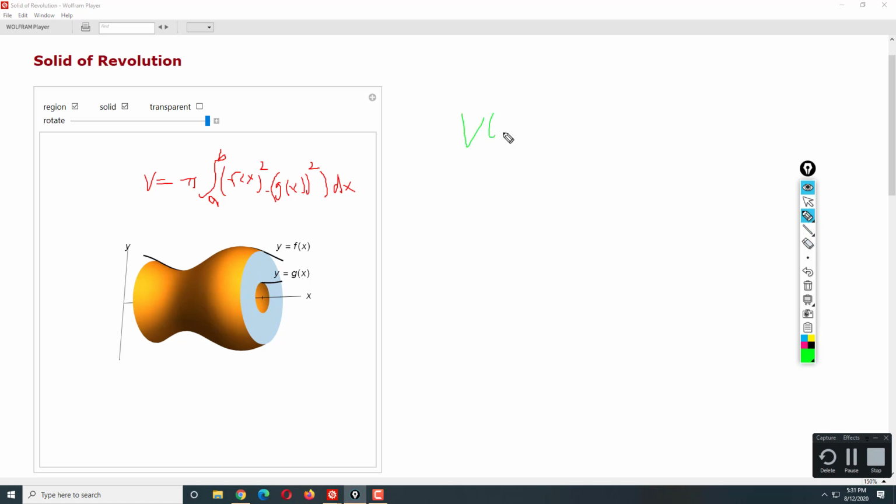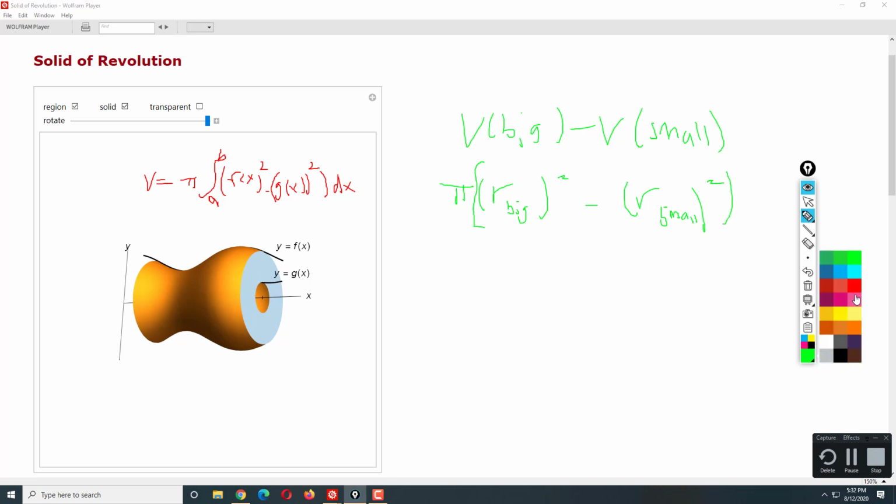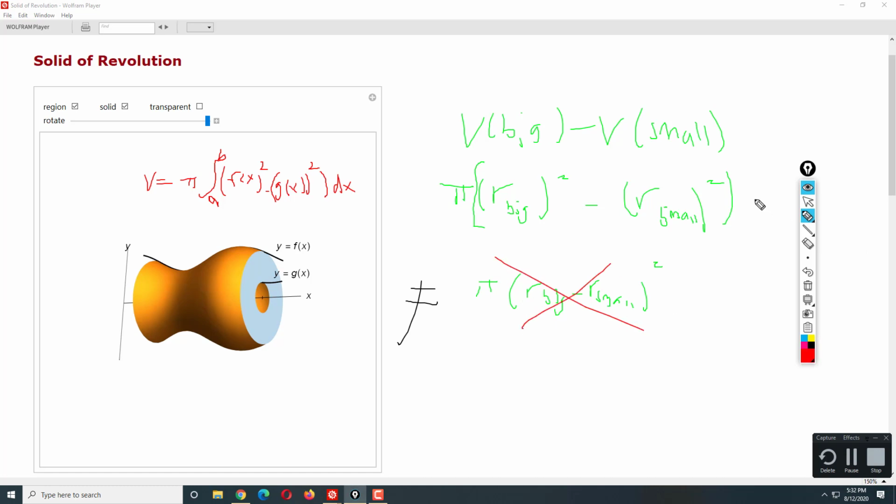We have the volume of big minus the volume of small, which is equal to pi r of the big one squared minus pi r of the small one squared. So we can factor out pi. But that's not equal to pi of r big minus r small squared. So just be careful. Okay? So that's wrong. That's right.